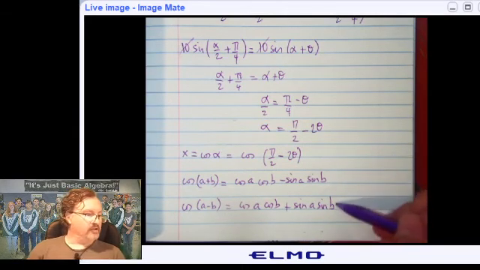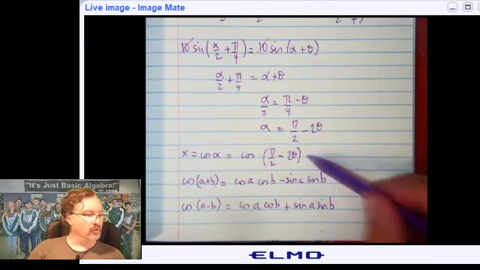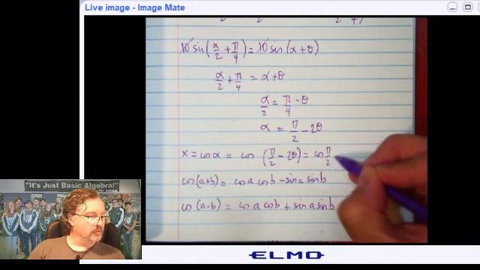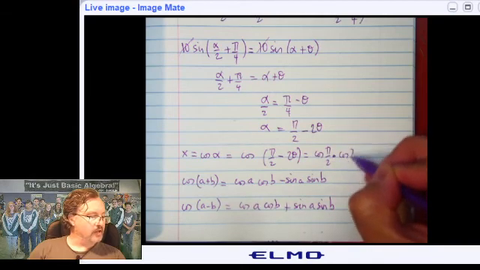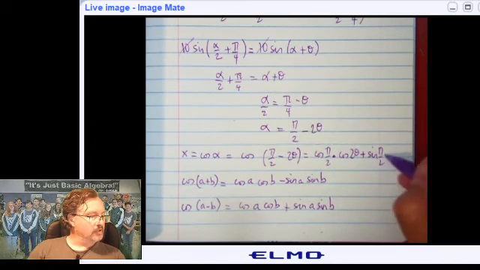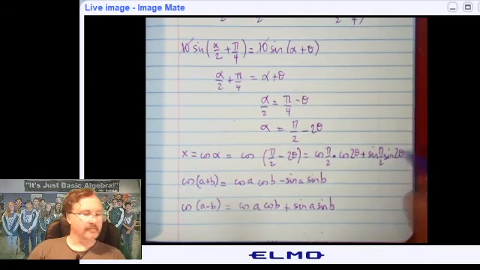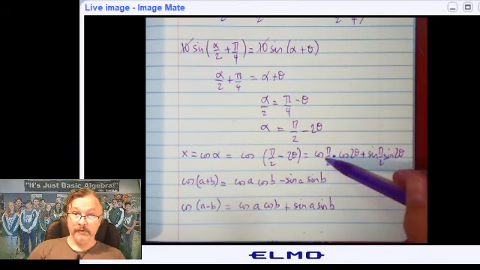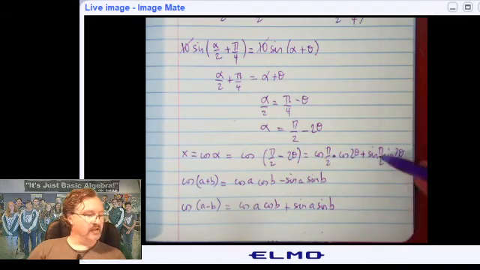So if I apply this formula to this, that will give me cosine pi over 2 times cosine 2 theta plus sine pi over 2 sine 2 theta. If you know your trigonometric values, cosine pi over 2 is equal to 0, and sine pi over 2 is equal to 1.